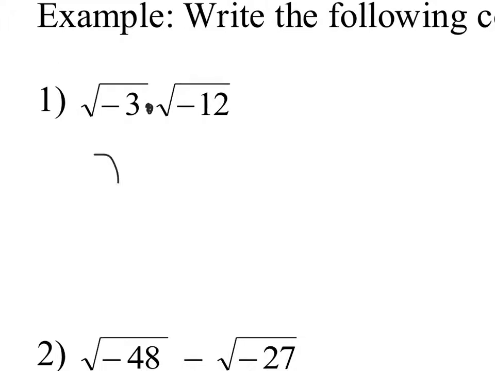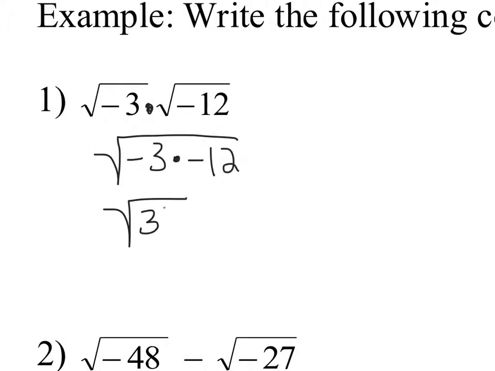I can just take the square root of a negative 3 times a negative 12. Well, a negative 3 times a negative 12 is a positive 36. So really what we're doing is we're just taking the square root of 36, which is going to give us a plus or minus 6. And that's it. So this one was really easy to do.